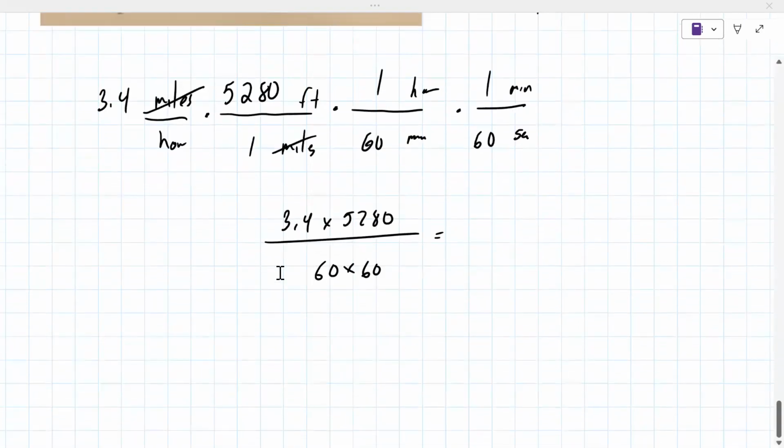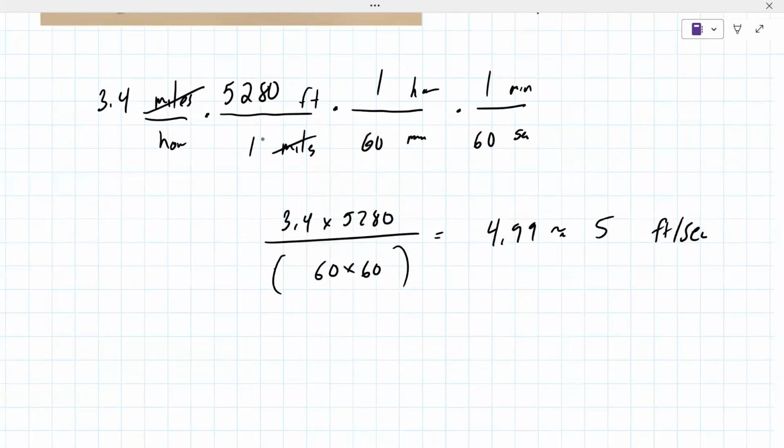Maybe no parentheses. If you don't put parentheses in the bottom, you get kind of a crazy number. It's about 4.99 or approximately 5 feet per second, which seems pretty fast for walking. I don't know.